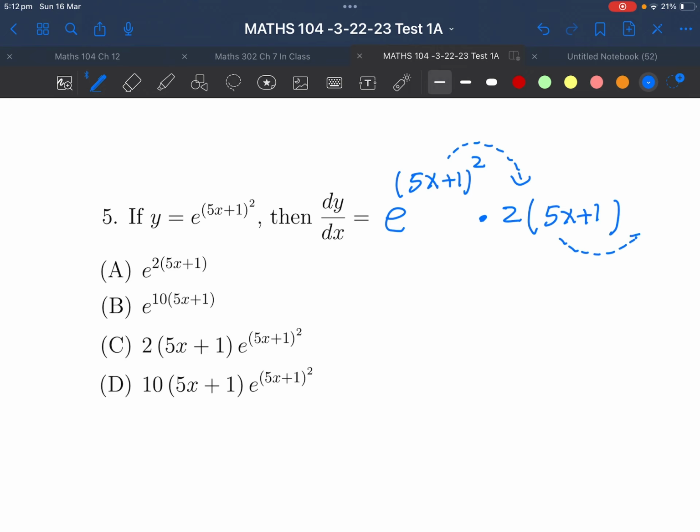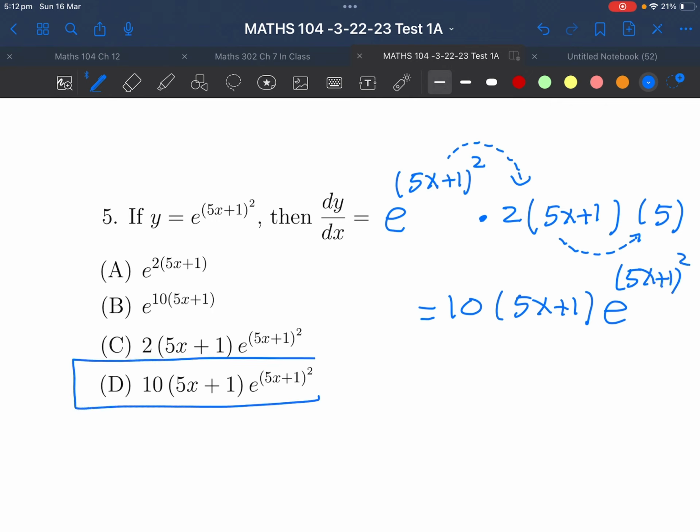And then, again, we have another inner. We need to find the derivative of that inner, which is just 5. So all in all, the answer will be 2 times 5, which is 10, times 5x plus 1 in the bracket, and the e. The only answer that has 10 is this one. So we get question number 5.